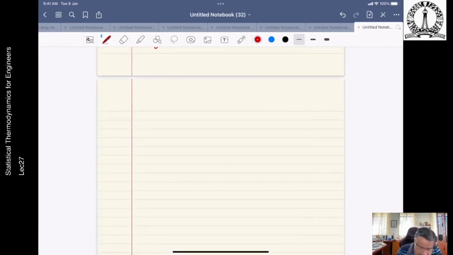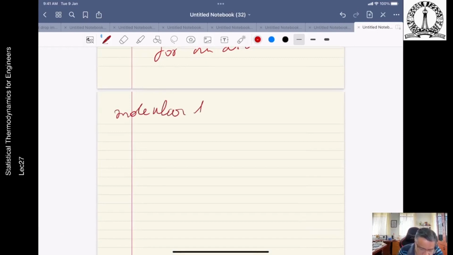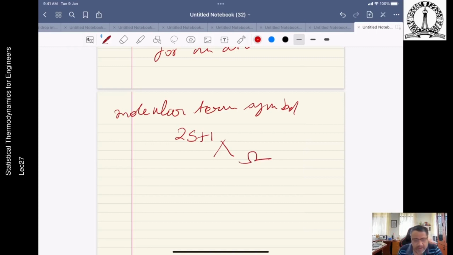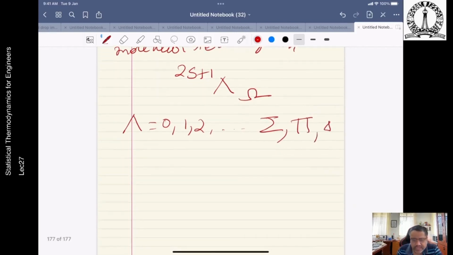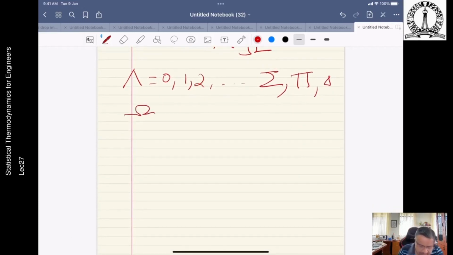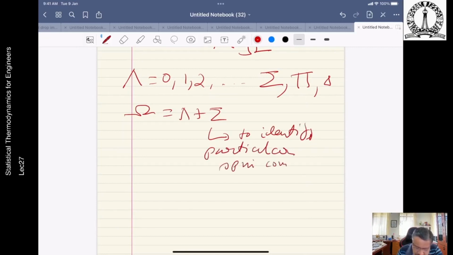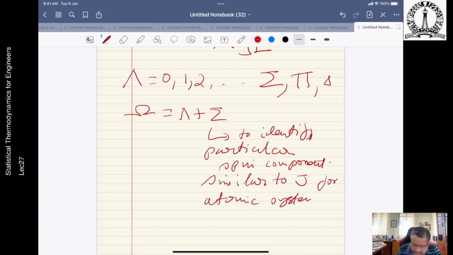Therefore the molecular term symbol is 2S plus 1 omega, where gamma is 0, 1, 2, correctly represented by sigma, pi, delta, etc. The subscript omega, equal to the sum total of these two, is appended to identify the particular spin component, similar to J for atomic systems.